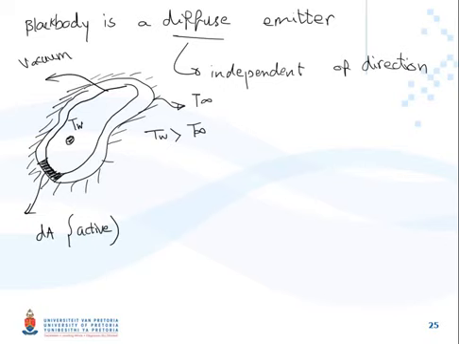Because the rest of the area is not active, so all of it is coming from just one particular direction. Only a small portion of our enclosure wall is active, and it has to radiate back exactly the same amount of radiation, otherwise the equilibrium will not be established. So a small part of the inside of the enclosure is radiatively active.